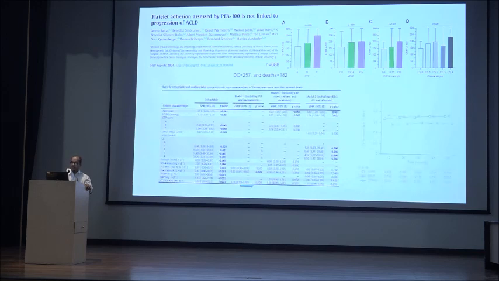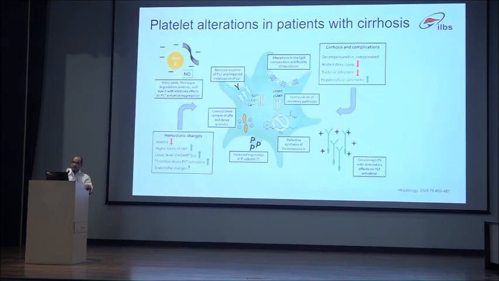They also concluded that the traditional markers, HVPG and MELD, are much better than the platelet markers or platelet aggregometry. Over a period of 5 years they did the AUC, and they found every time that HVPG and MELD are much better than platelet function aggregometry.